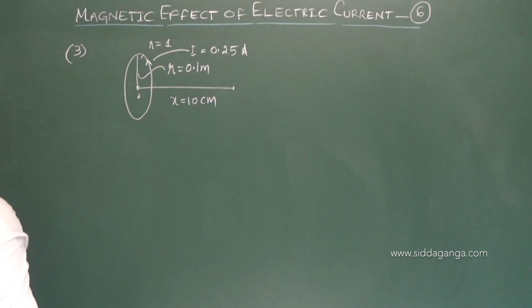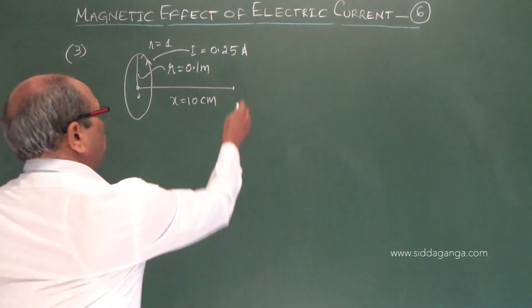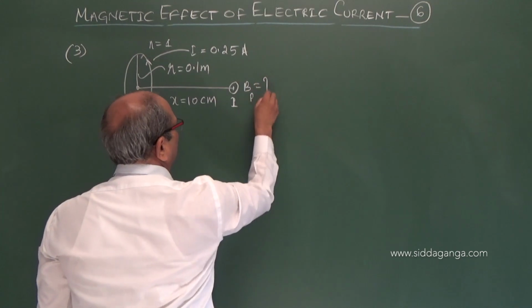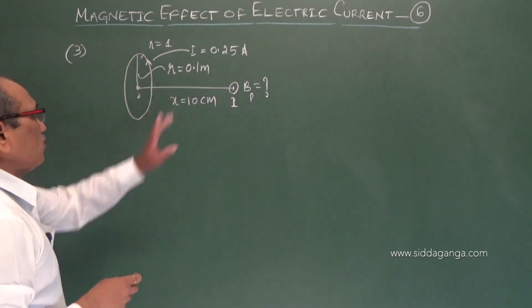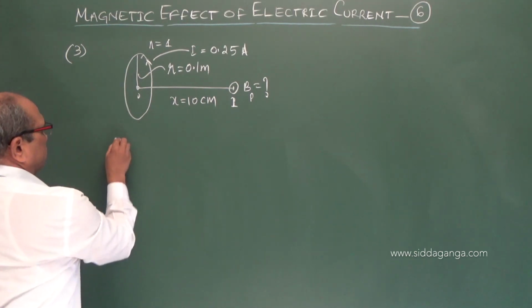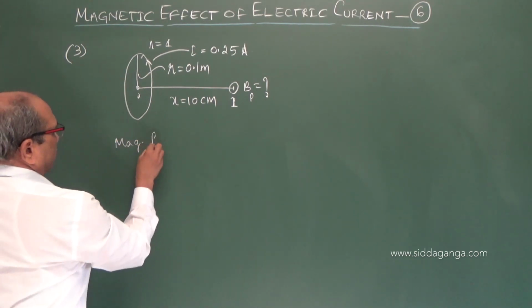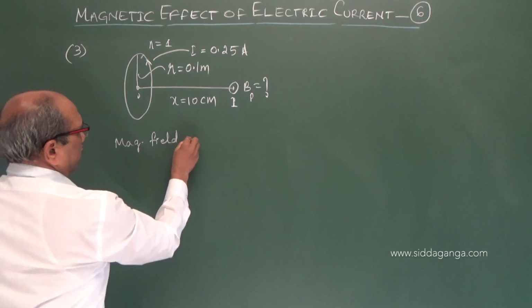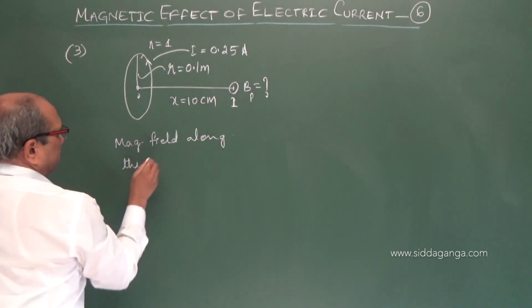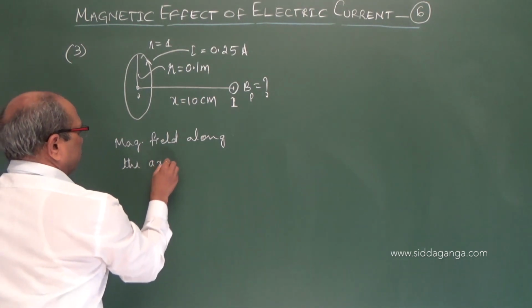You have to find the value of the magnetic field at this point. If I call it point P, at point P, along the axis, the magnetic field along the axis of the coil. The question is on that.